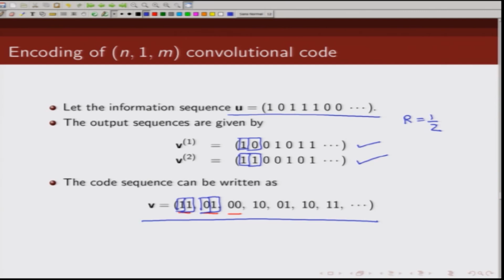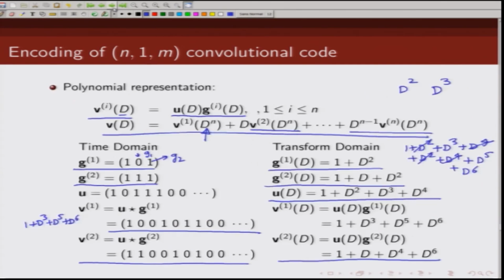So you can see in the output, every second bit is coming from this. This is my 1 which is appearing here, this is my 0, this is my 0, and this is my 1 which is appearing here. So note, this is appearing every second bit, and that is why when we combined them, we made each of these coded bits D raised to the power n.